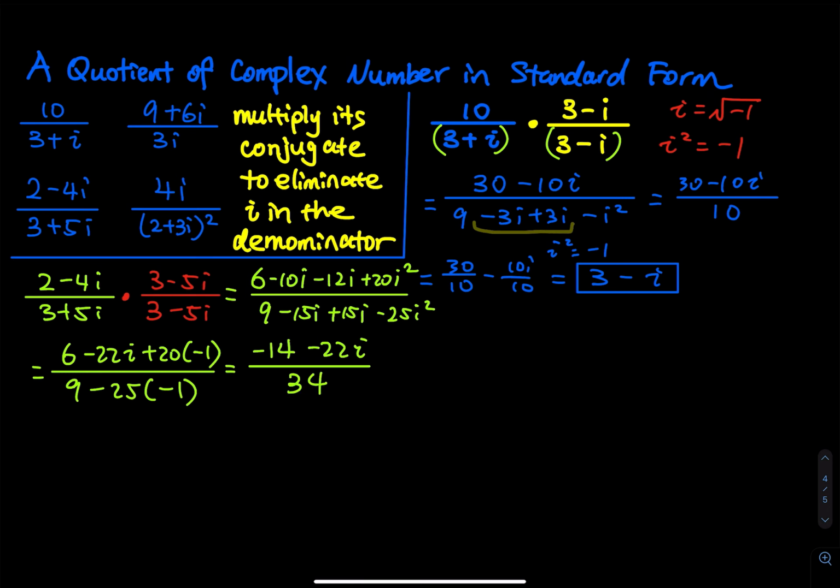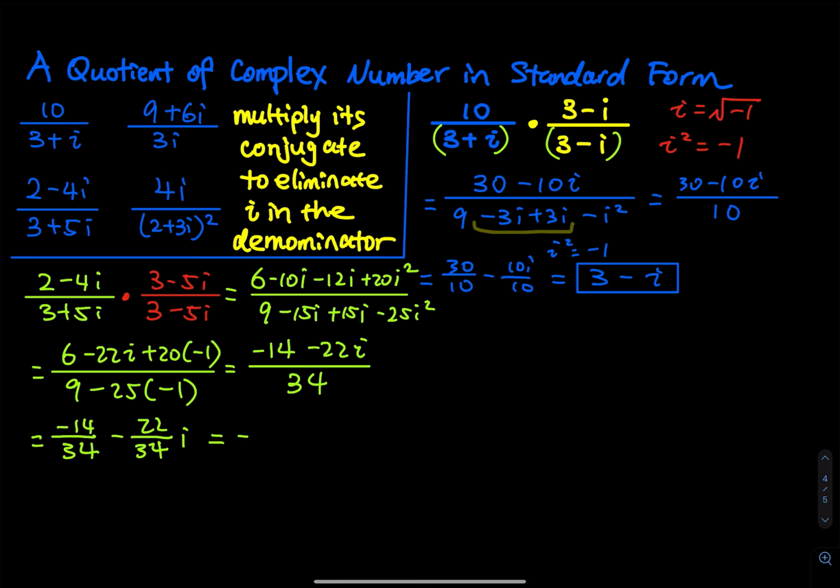And then what else can we do? At this point, there is no more i in the denominator. So -14 divided by 34, and then minus 22 divided by 34i. Of course, you can reduce the fraction. Why don't you divide the top and bottom by 2?